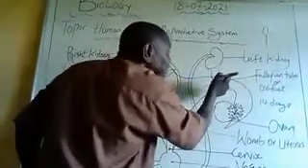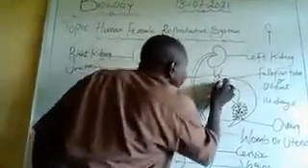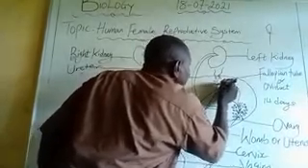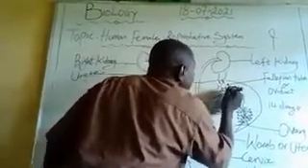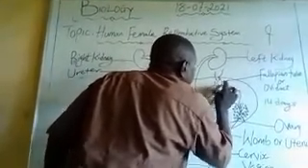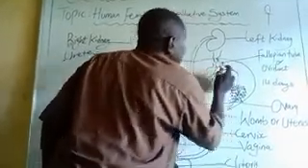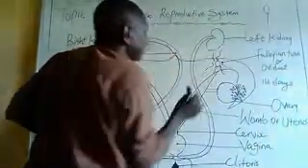The sperm will not fertilize the egg together with the tail. The tail will be cut off. For instance, let's say this sperm is going to fertilize this egg.